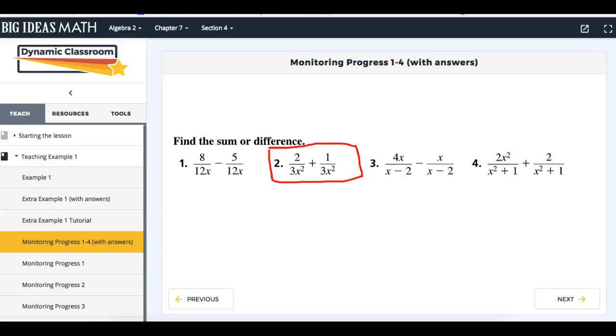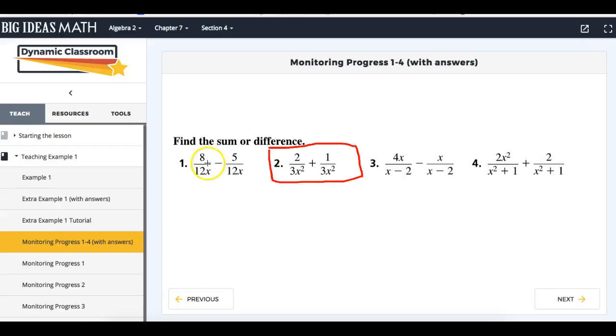Okay, now that you've answered number 2 in the question box, I want to do one more example for you. If you look at this first one, we haven't done a subtraction problem yet. You'll see that right here, your denominators are the same. You've got 12x.